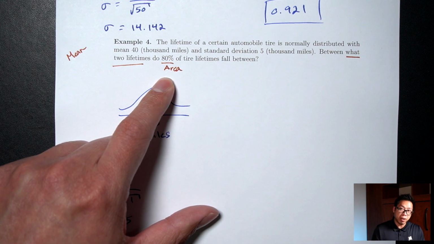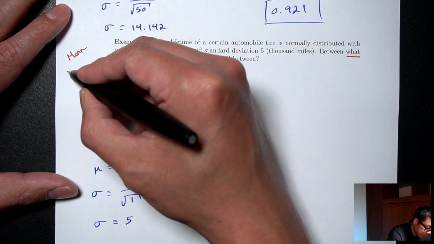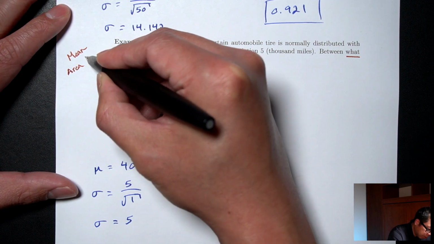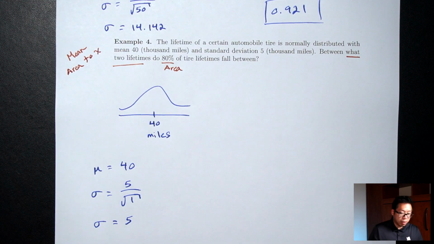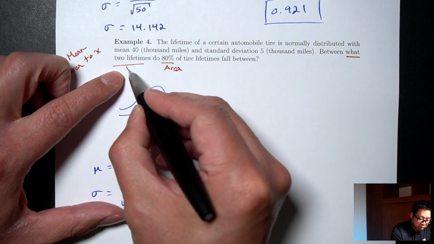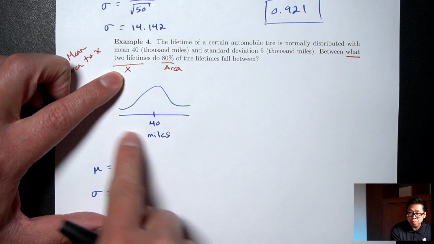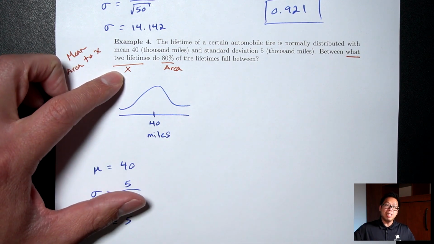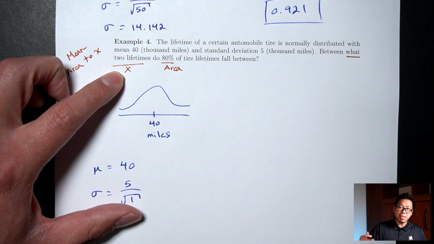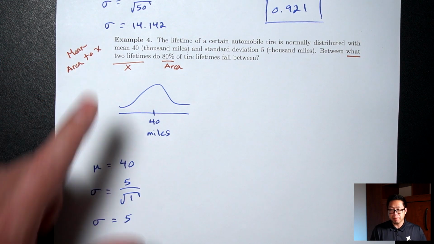Which one starts with an area? It would have to be area to x. Another way to think about it is the question is asking what two lifetimes, right? Lifetimes are miles on the x-axis. So I want to end with an x at the end when I finish the question. So area to x ends with an x.